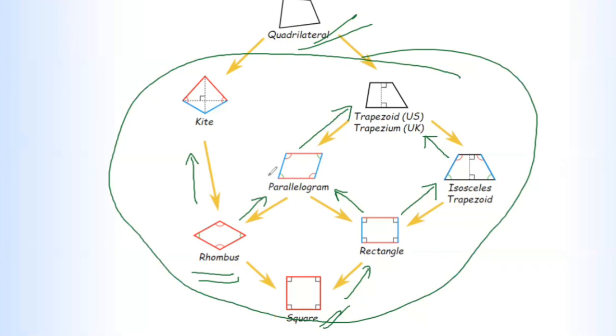And I have put a few green arrow marks here, which represent that these also belong to that category. For example, a square is a rhombus and a square is a rectangle. A rectangle is a parallelogram and a rectangle is an isosceles trapezoid.